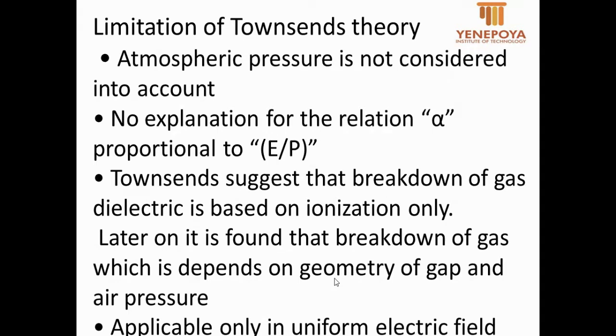Alpha and gamma are functions of E by P and P. Atmospheric pressure is not taken into account. There is no explanation for the relation of alpha being proportional to E by P. Townsend suggests that breakdown of a gas dielectric is based on ionization only, but later it was found that breakdown of gas depends upon the geometry of the gap and air pressure.